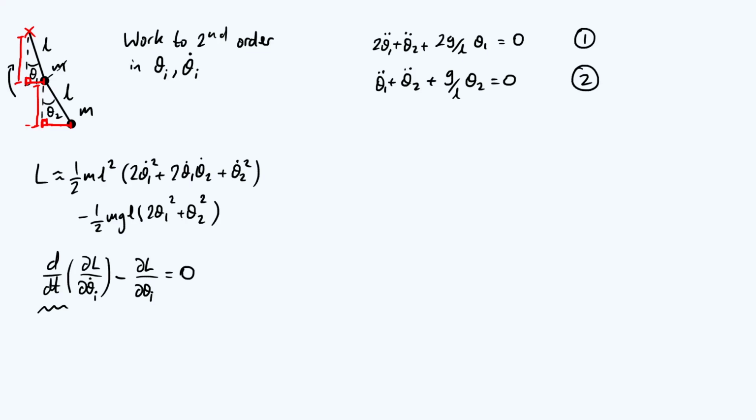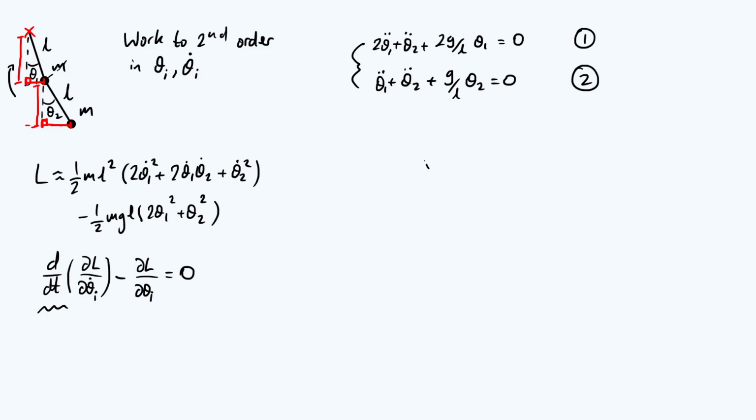So the very last point I'd like to make in this video is that both of our equations of motion are linear, right? As we expected, because we did the Lagrangian to second order. So they're both linear in the angles and their time derivatives, which means we can write this as a single matrix equation, right? So if you think about it, the first part of each of these equations involves the second time derivatives.